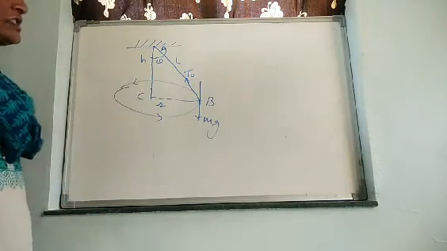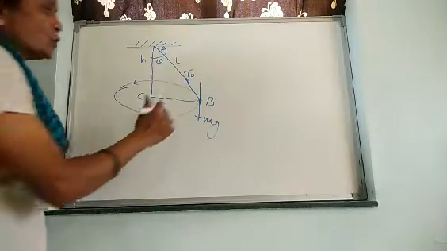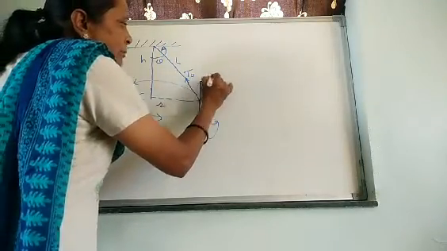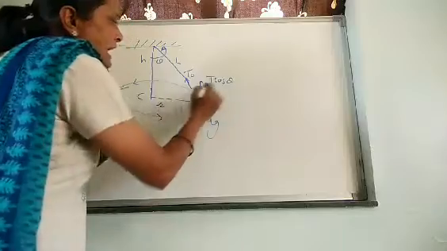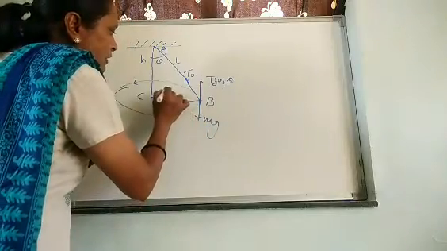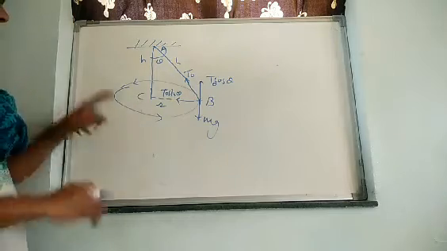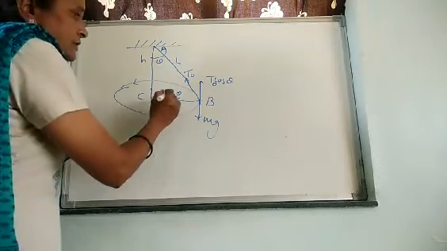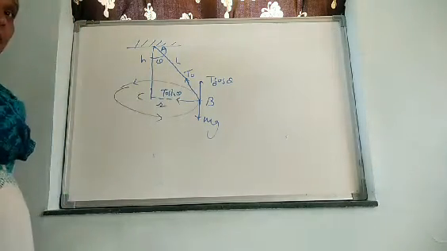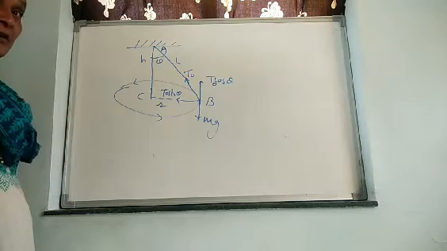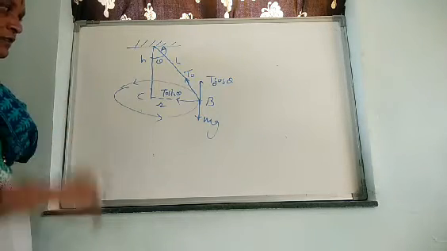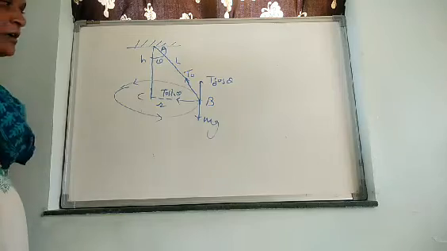Now this tension T0 can be resolved into two components. Its vertical component is T0 cos theta, and the other component is T0 sin theta, which is directed toward the center of this circle. This T0 sin theta is the necessary centripetal force, the resultant force.